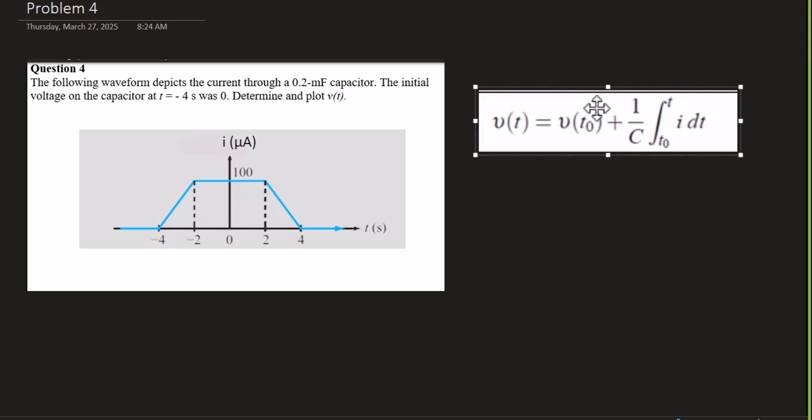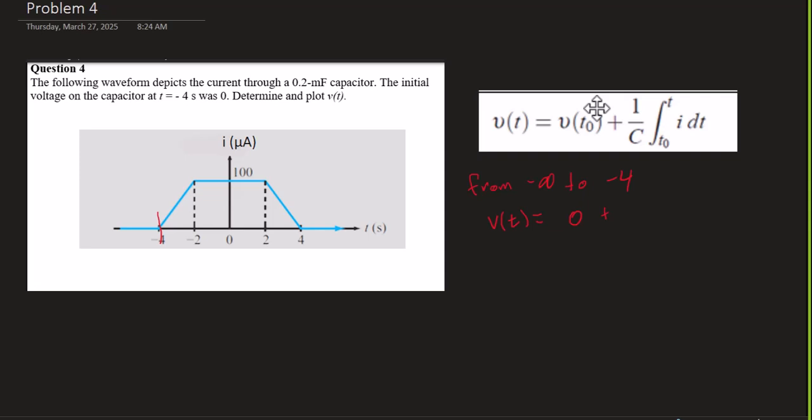Okay, so the voltage on the capacitor at time t was -4. So from negative infinity to -4, v of t equals 0.